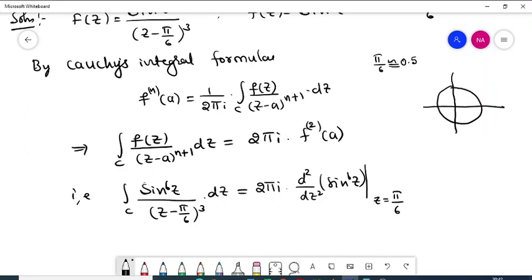So that is close to 0.5, so it definitely lies within the circle. So this is valid. If it was outside the circle, then the value of that integral would be 0.